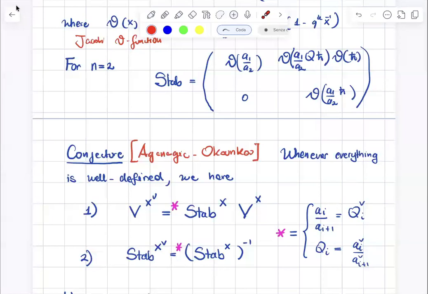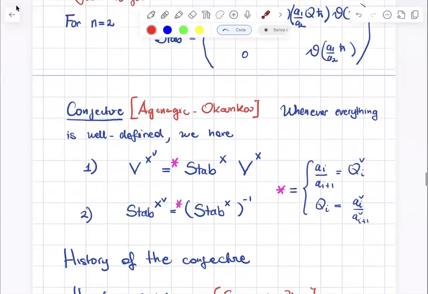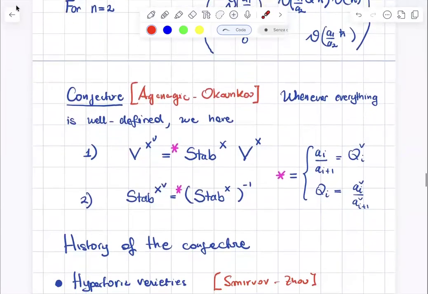Let's just say this is the way the parameters have to be related. So let's say a few words about the history of this conjecture.